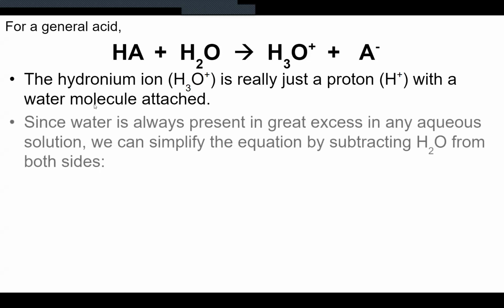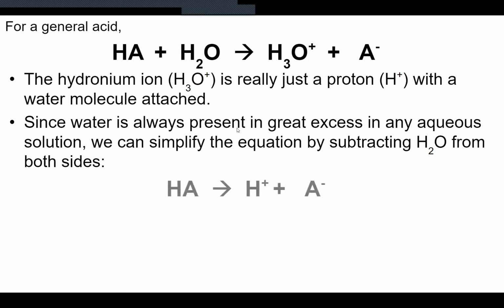What if we just are aware that water's around and we kind of subtract H2O from both sides of the equation? I see H2O here, and if we can imagine a hydronium ion is H2O attached to an H plus ion, we got rid of the excess H2O, we can greatly simplify this acid dissociation equation.